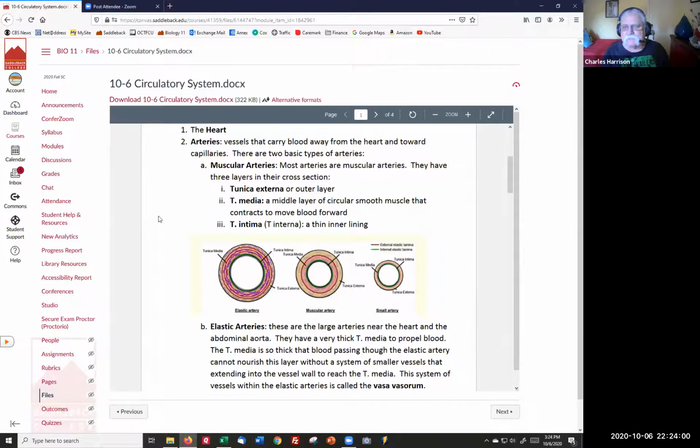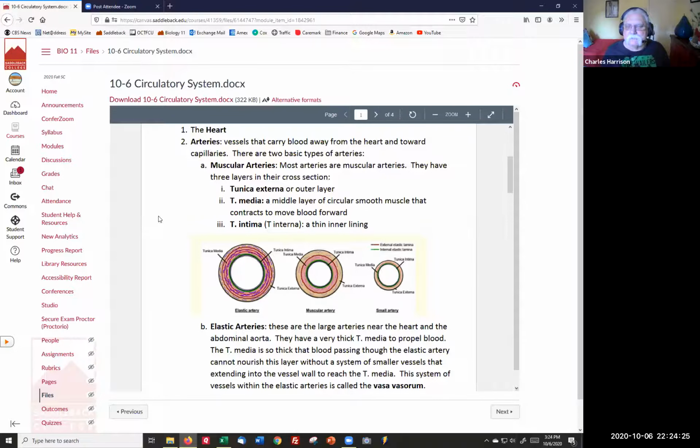Tunica intima. Now it shows well in the print above, but in the diagram it's a little blurred. That's a thin layer lining the vessel itself. Behind that is the tunica media. Find it at about 10 o'clock in that middle diagram.